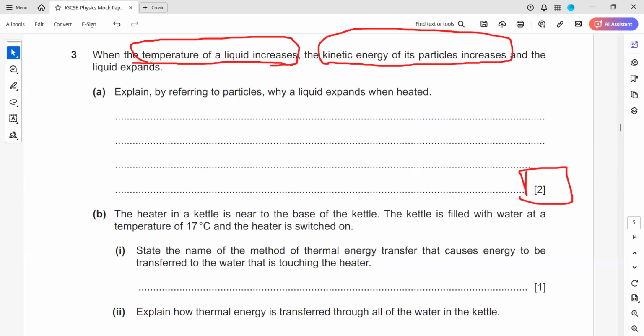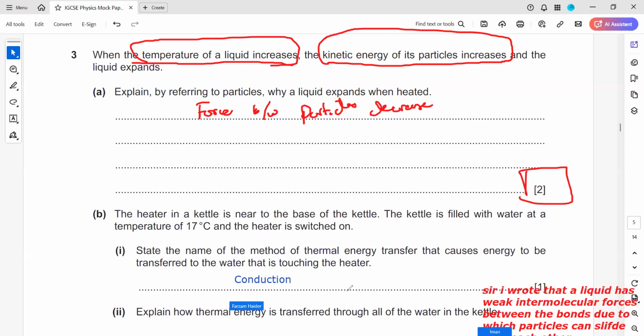What I have to refer to is, when we increase the temperature, the forces of attraction between the particles decrease. As the force of attraction between the particles decreases, the particles will move apart, or move away from each other.